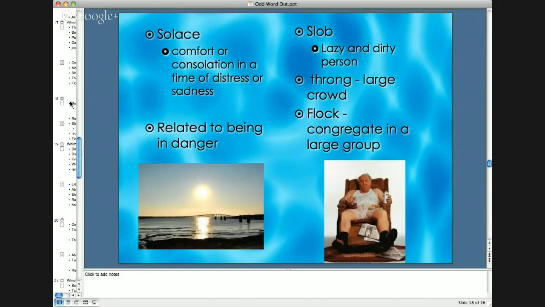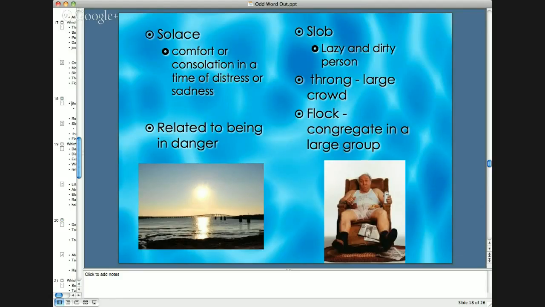This is comfort and consolation in a time of distress or sadness, right? So this is the exact opposite of being in danger. This sunset picture kind of shows solace, right? Comfort and not really danger, right? And maybe being alone and sad, but comfortable.